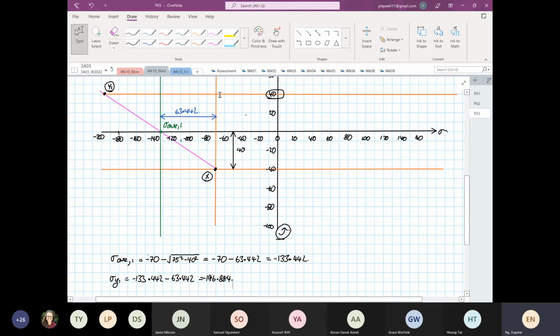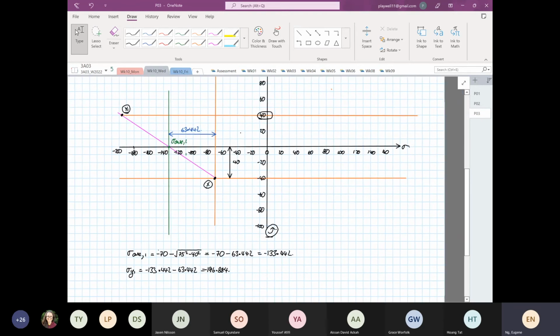Okay, so now we are going to construct a Mohr circle. So we are going to draw our Mohr circle now. So I'm going to determine where the principal stresses are, right? So it is 133.442 plus 75, 208. Okay, so this is our Mohr circle, XY plane Mohr circle.